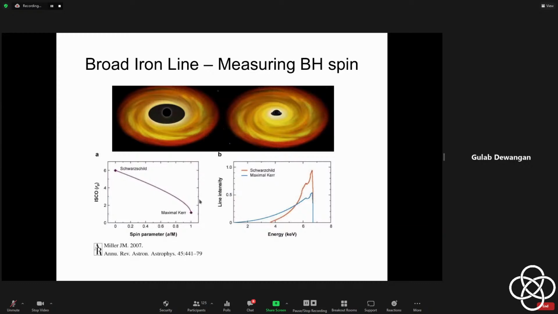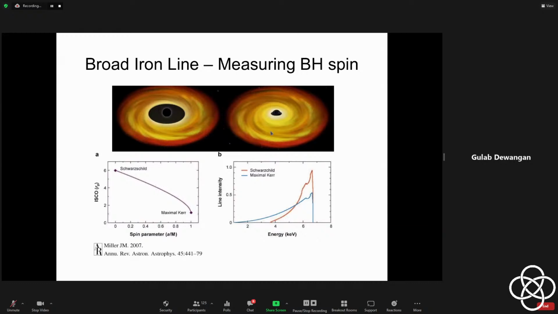Now if you look at the iron K alpha line for the accretion disk around these two kinds of black hole, in the Schwarzschild case, because the disk extends only up to 6 Rg, it has a weaker red wing, because general relativity is not very strong at 6 Rg.